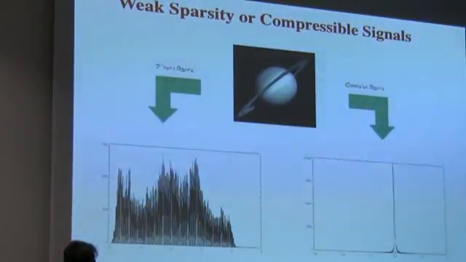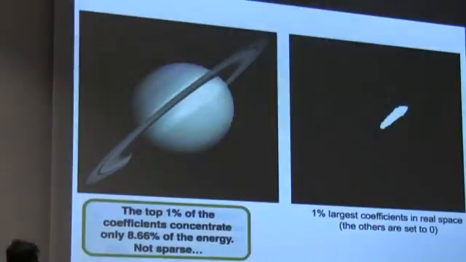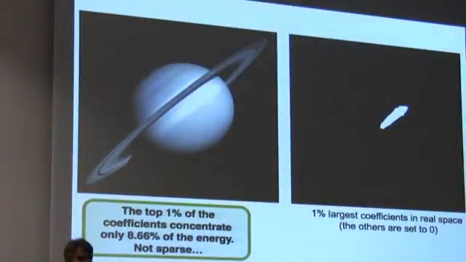You go into the curvelet space, which is a kind of wavelet. Here's what you have. Just by changing the space of representing the data, you see that you have a different behavior on the coefficients. Now if you sort these coefficients from the largest to the smallest, and you take this image and only the 1% highest values in the pixel domain, you have roughly 8% of the energy of the image.